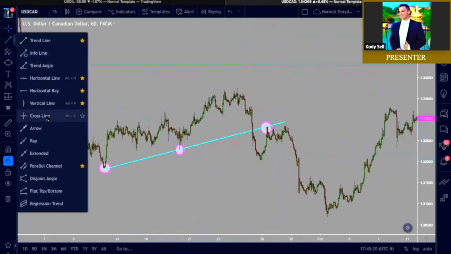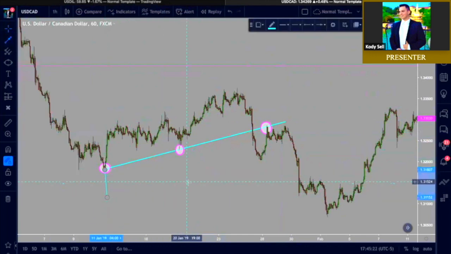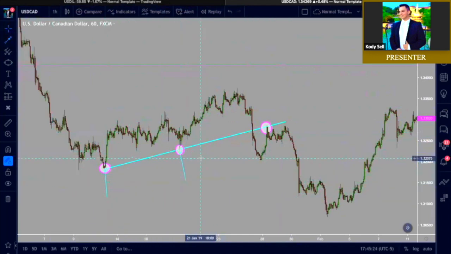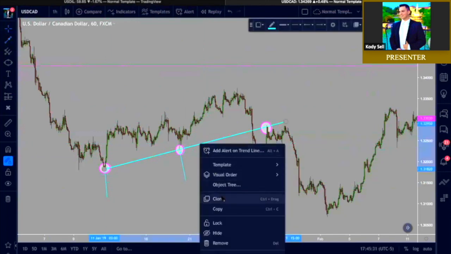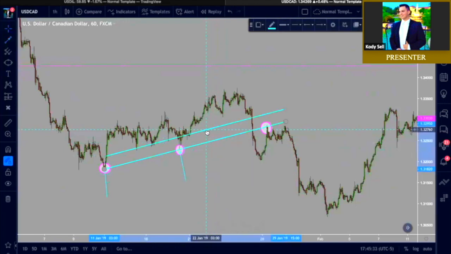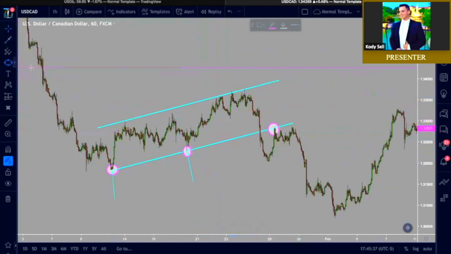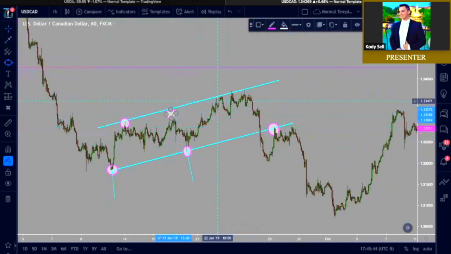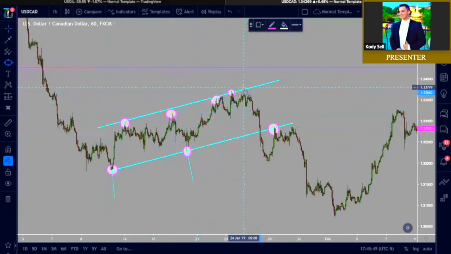So originally what you're looking at is this reaction point and this reaction point. Now, what is the channel going to be for this? Because every trend line will have a channel. So let's duplicate this, and then let's pull it across to the other side. So what are we looking at on the other side? Well, where's our resistance? Here, here, here, here, and here.